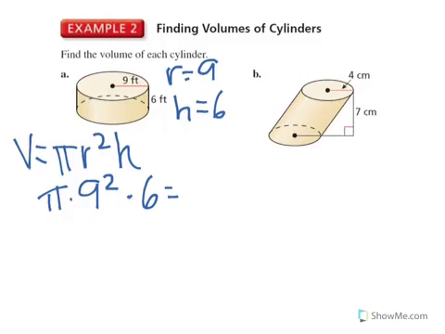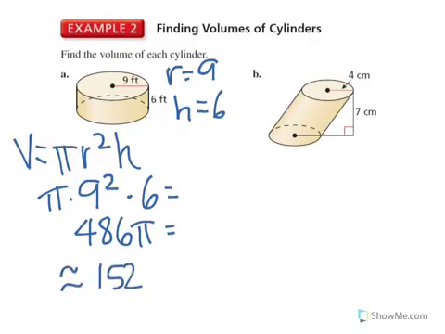We go and multiply all those numbers together. 9 squared is 81, and 81 times 6 is going to get us 486 pi. And then we put that in our calculator and multiply that together. We should get approximately 1526.81, and that's going to be feet squared. Or, I'm sorry, cubed, since we're working with volume. Feet cubed.